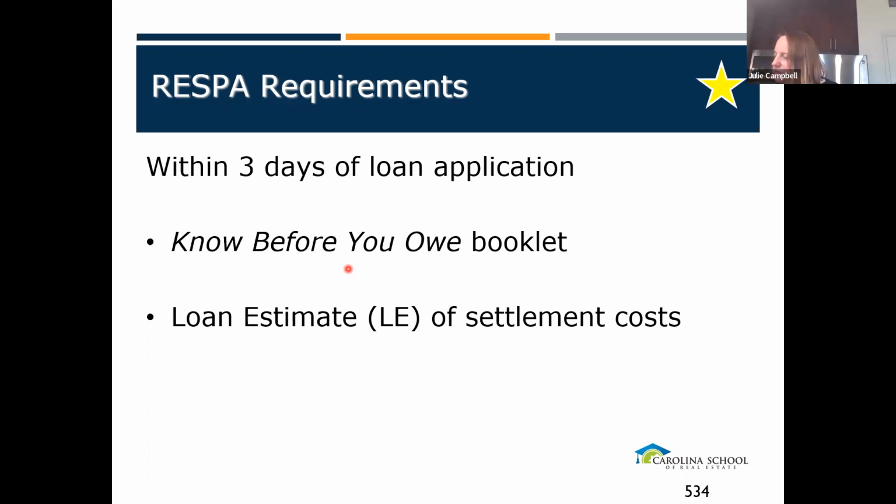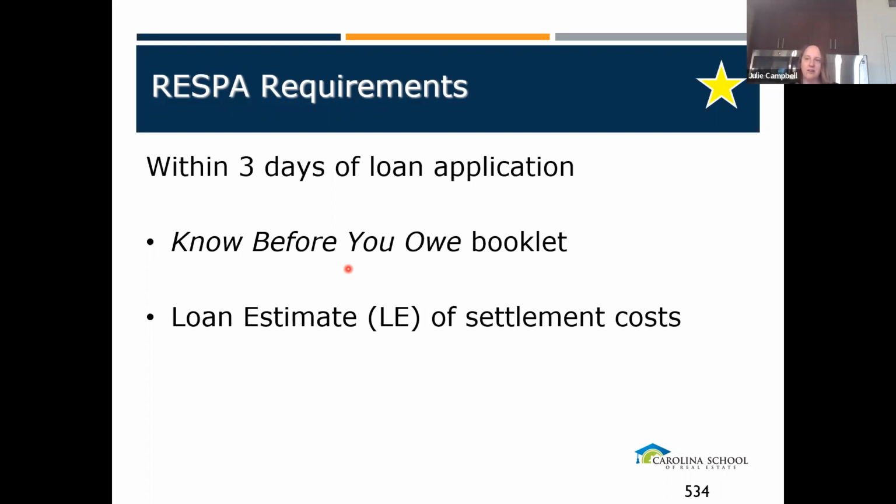But within 3 days, we can give the borrower an estimate of what we think their monthly PITI is going to be. Y'all, I can't tell you how huge this was. This is new post housing market crash. If you ever bought a home before the housing market crash, you very well didn't know your payments, your numbers, until you got to the settlement agent.